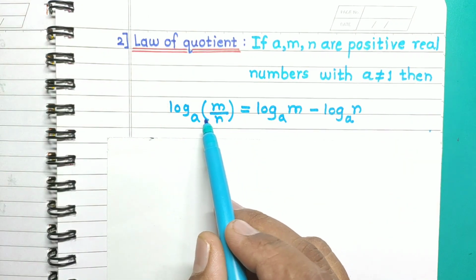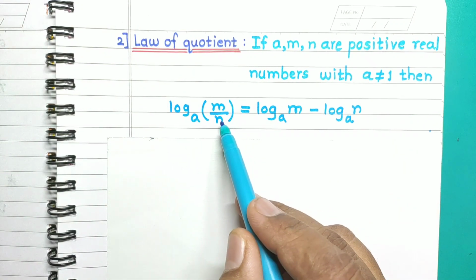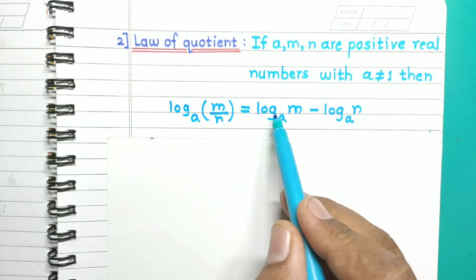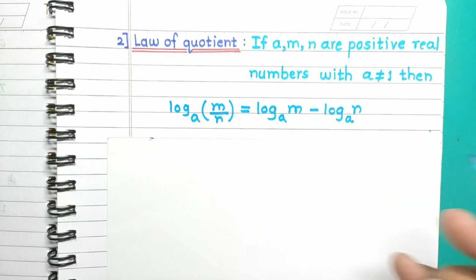That means if there is a quotient in the logarithm, then we can subtract the logarithm of the denominator from the logarithm of the numerator.